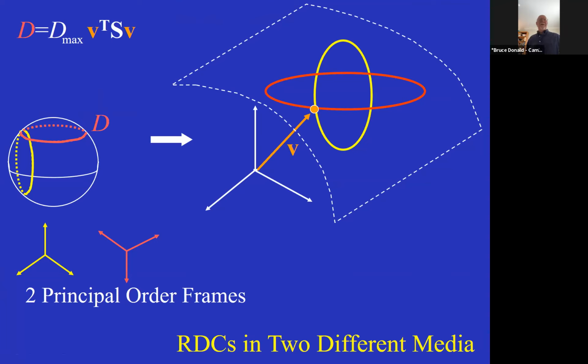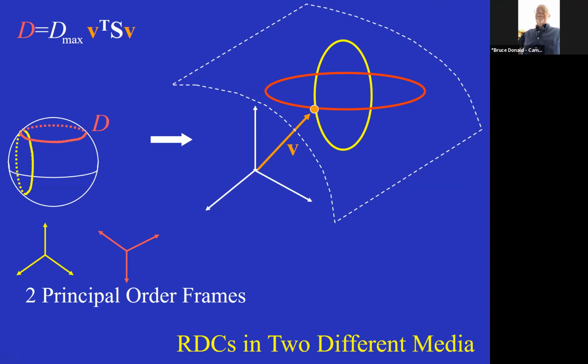That corresponds to a constraint that my vector has to lie on 2 different curves on the sphere, drawn like this. The yellow curve is from one RDC experiment, one medium, and the orange curve is from a different medium. We know we have to lie on both, so we have to rely on their intersections. So we intersect these 2 curves and we get a finite number of points. This is the intuition for why there are exact solutions.